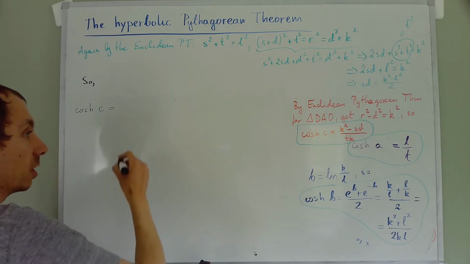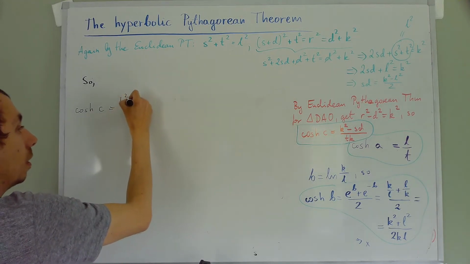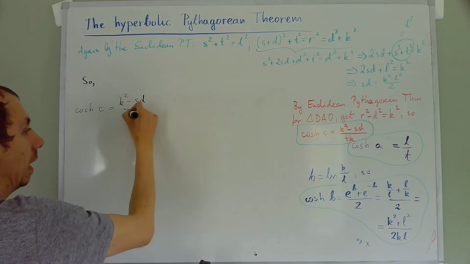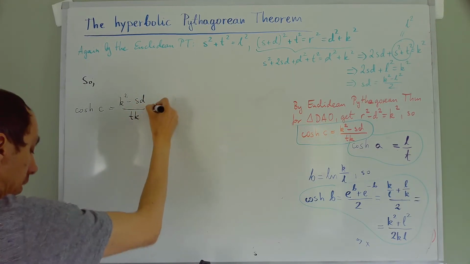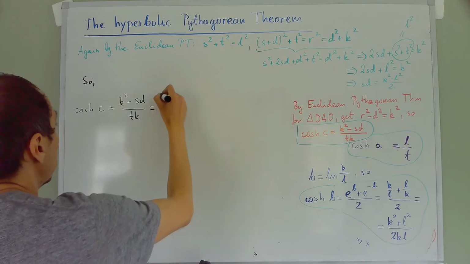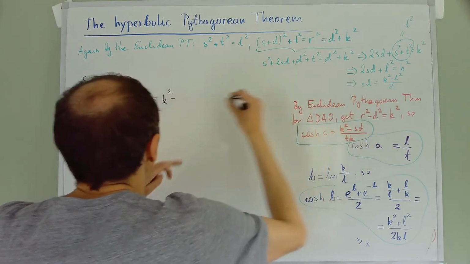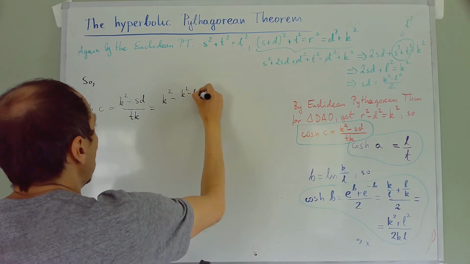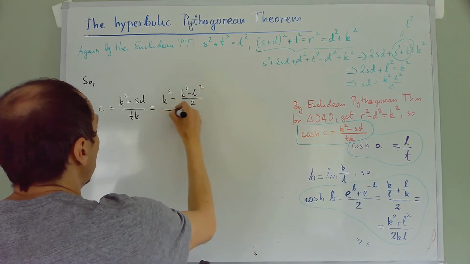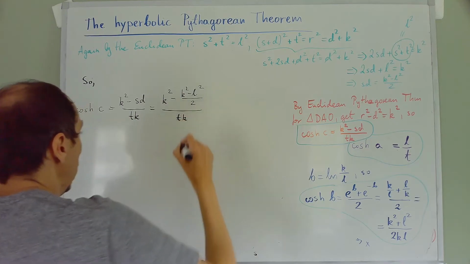So cosh C, which is k squared minus SD over tk. That is the same as k squared minus, so I'm using this now here, k squared minus L squared over 2, divided by tk.